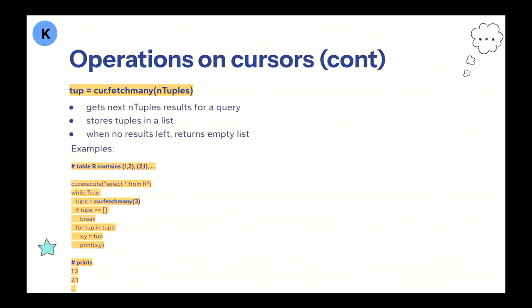Like fetchone, we can use a while loop to fetch the results from a list of return values. This is how we can use fetchmany. As you can see here, the termination condition for this while loop is to check whether the result is an empty list. Whenever it comes to the end, it will return an empty list. So this is the function of fetchmany.